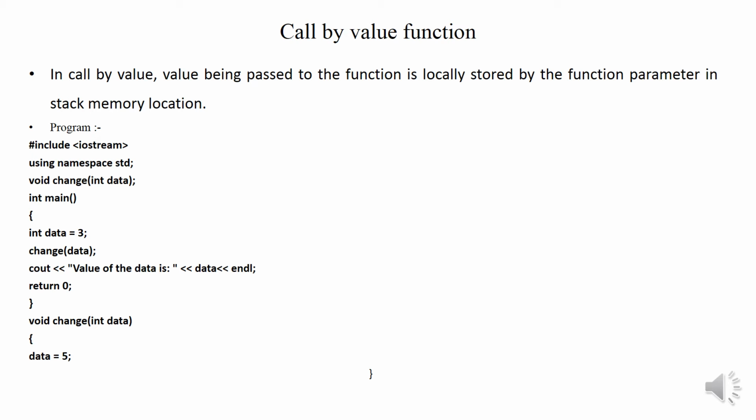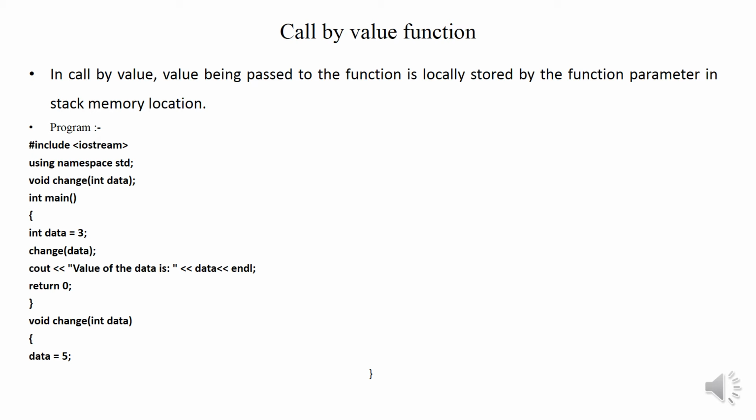Friends, in call by value, we have to pass the value with the function where we call it in the main program, and after that those parameters are passed in the function where we use the function definition.